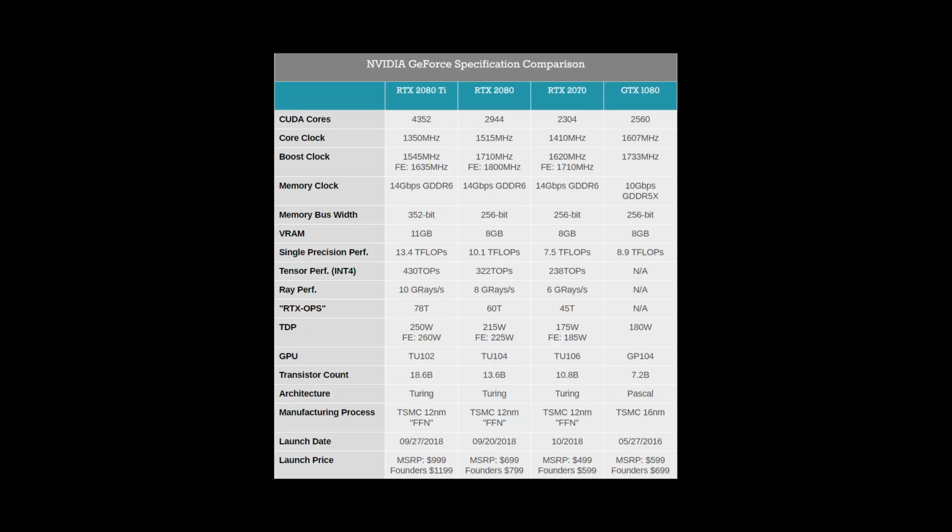I'm going to pull it up on the screen right here. 3,840 compared to 3,072. Now that's a pretty large deficit in terms of so-called CUDA cores. And the way they did it is simply by splitting the floating point compute units, their ALUs, apart from their integer 32 units.